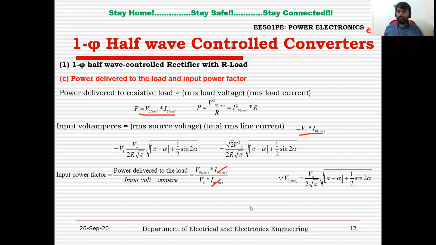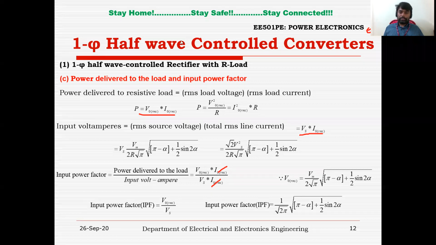Now we know that V naught RMS, in case of the half wave control converter, equals Vm by 2 root pi under root of pi minus alpha plus 1 by 2 sine 2 alpha. Now if you substitute for this Vm, 2 under root 2 V supply, the V supply in the numerator and denominator will get cancelled.